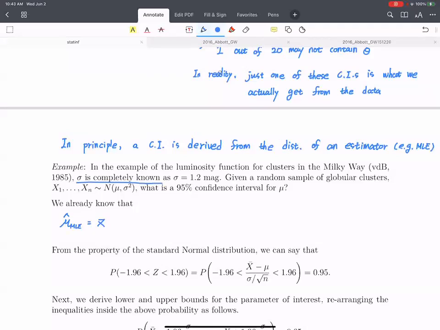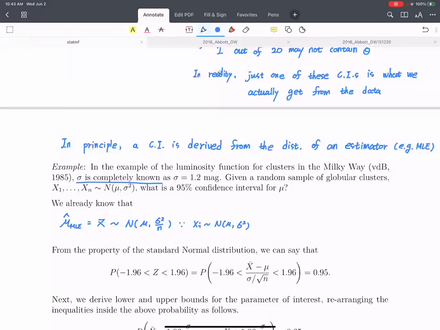Since the data are coming from a Gaussian distribution centered at mu with variance sigma squared, the distribution of the sample mean is another Gaussian distribution with the same mean, but the variance is sigma squared over n. Each data point is coming from a normal distribution centered at mu with variance sigma squared.